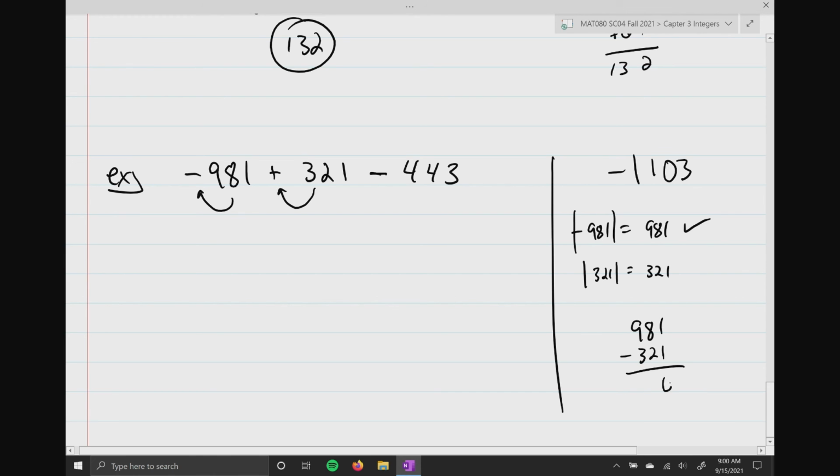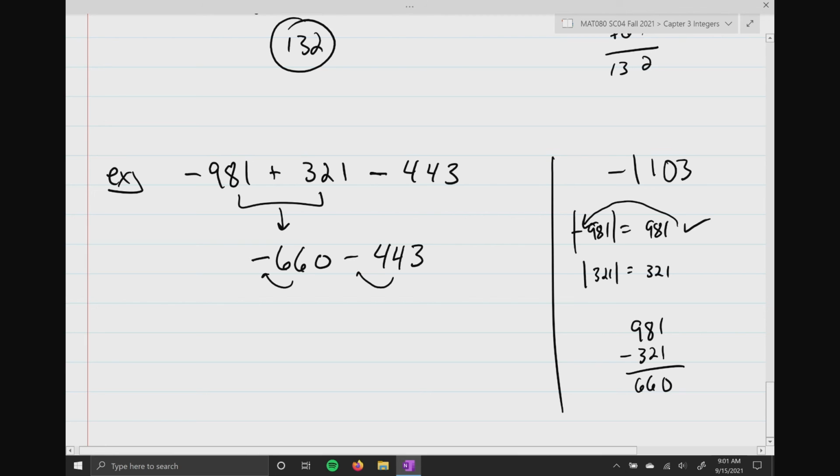It gives me a 0. 8 minus 2 is what? I forget. 6. 9 minus 3 is 6. Now, since this number was negative, I know when I combine these two numbers here, it's negative 660 minus 443. Now I look at these two numbers. Signs are the same.